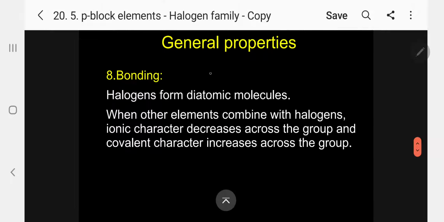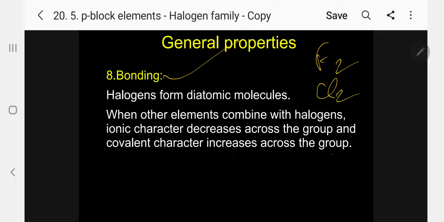Kindly follow. Coming to bonding. Halogens form diatomic molecules. All halogens: F2, Cl2, Br2, I2. When other elements combine with halogens, ionic character decreases down the group.